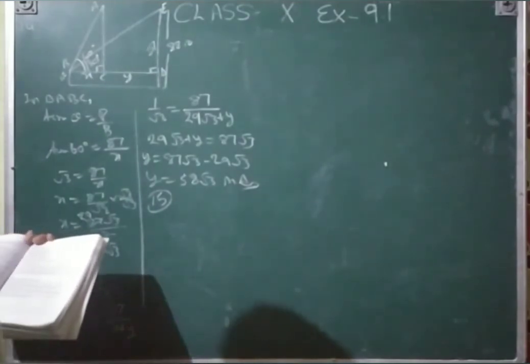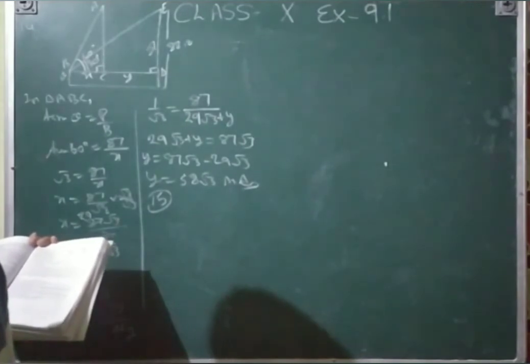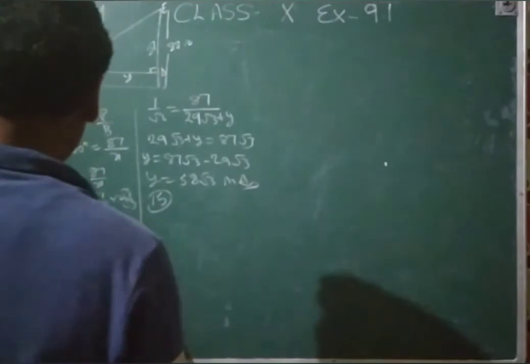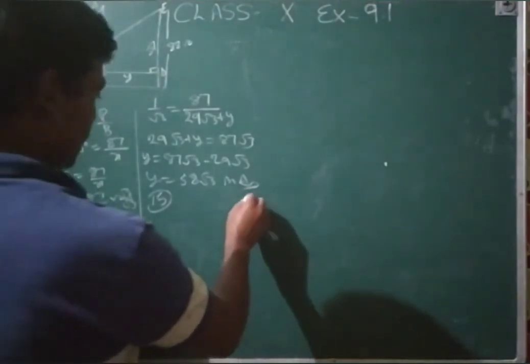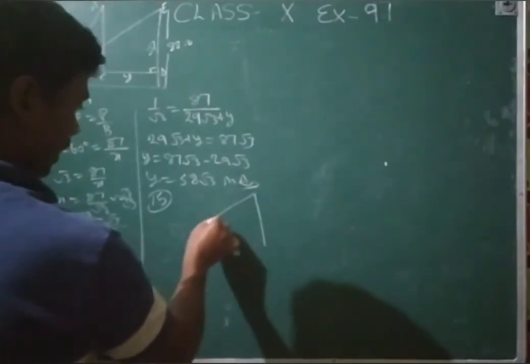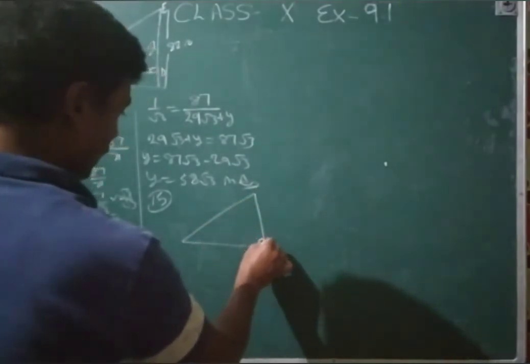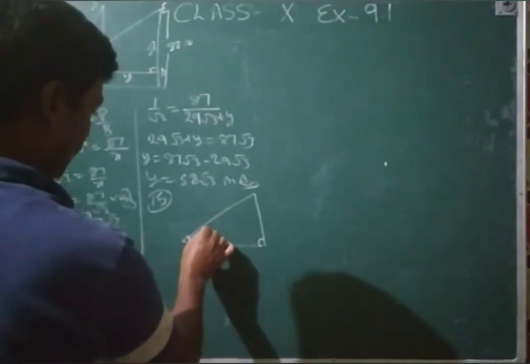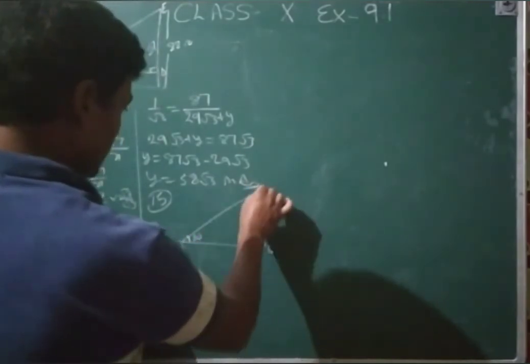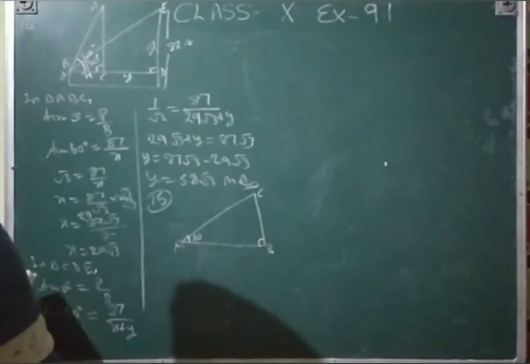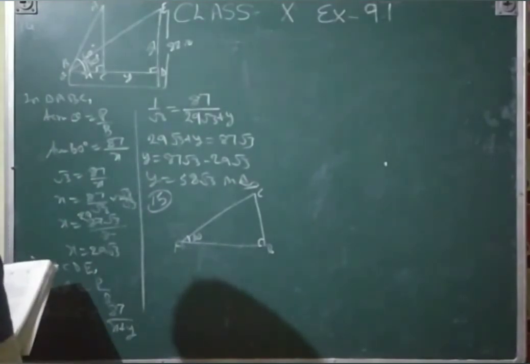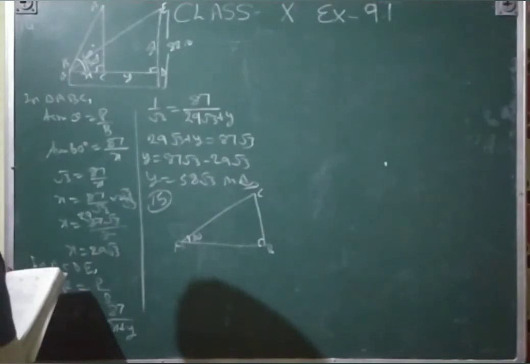A man standing at the top of the tower observes a car at an angle of depression of 30 degree. We can write here A, B, C, 30 degree, and the car is approaching the foot of the tower with uniform speed.